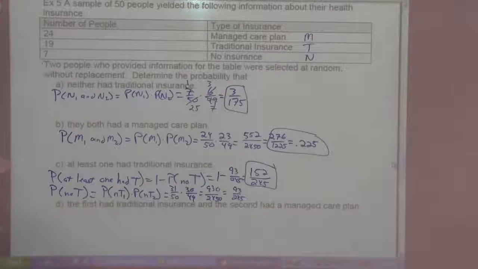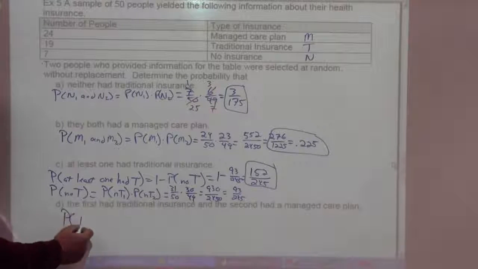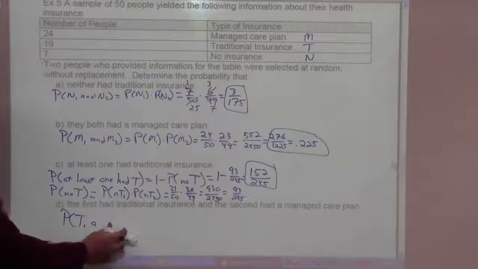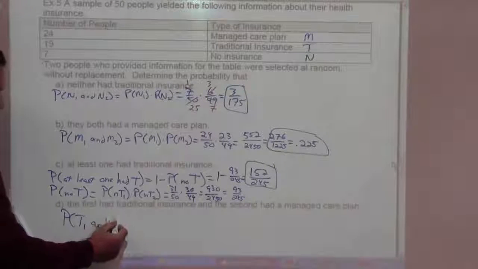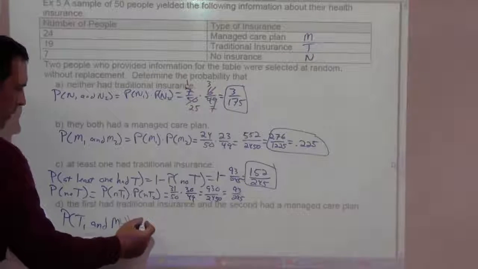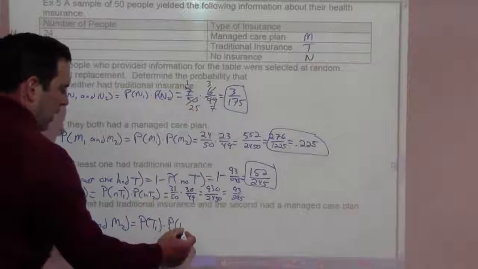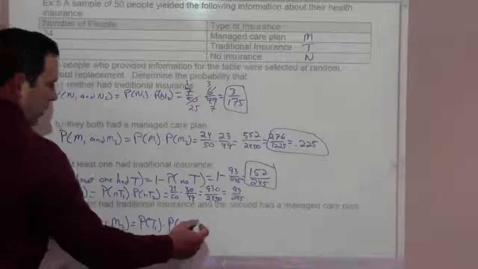And the last one from this example, probably the first had traditional and the second had managed care, so this is the probability of T for the first and M for the second. That's the probability of T1 times the probability of M2.